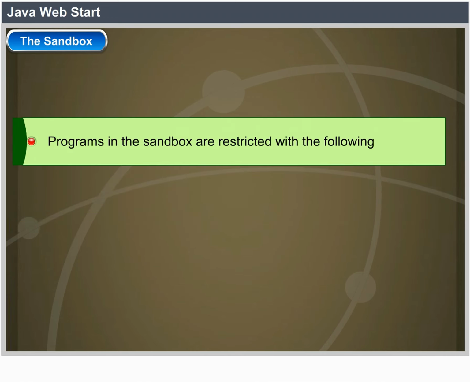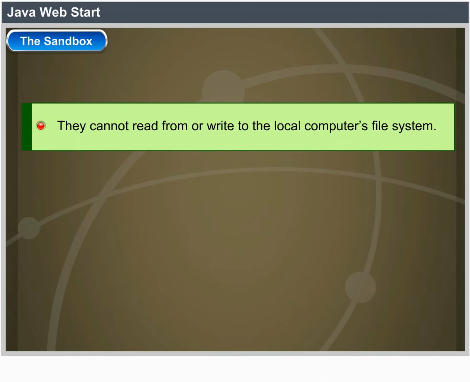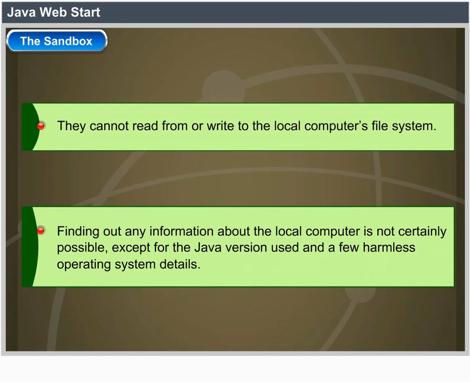Programs in the sandbox are restricted with the following. They can never run any local executable program. They cannot read from or write to the local computer's file system. Finding out any information about the local computer is not possible, except for the Java version used and a few harmless operating system details.